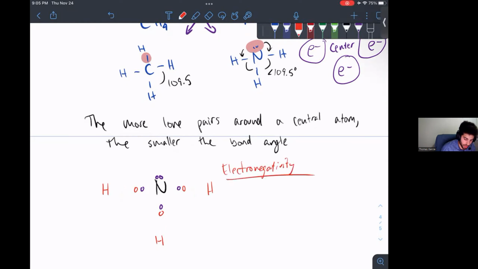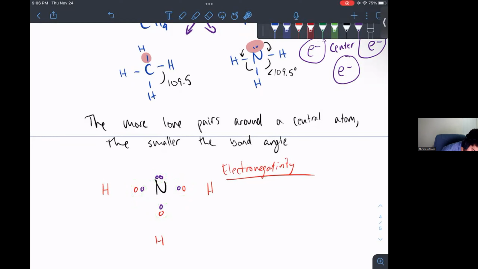But I digress. These electrons right here in the bonds are technically further away from the nitrogen, and in fact, they are further away from each other than they are from these lone pairs right here.